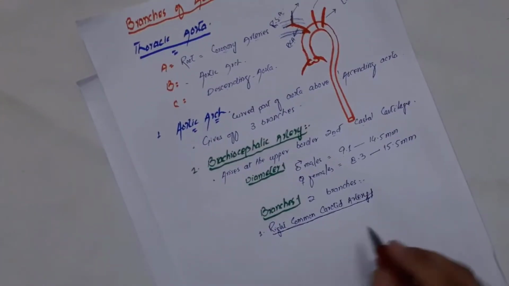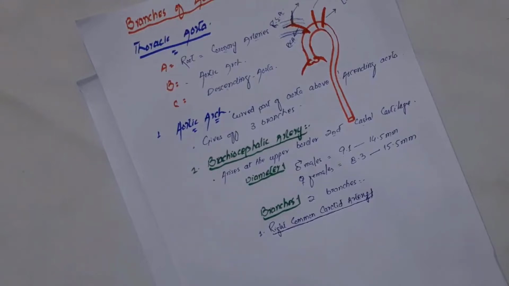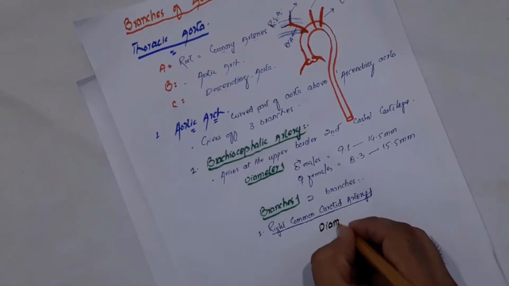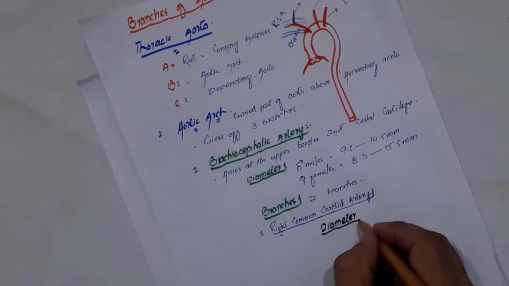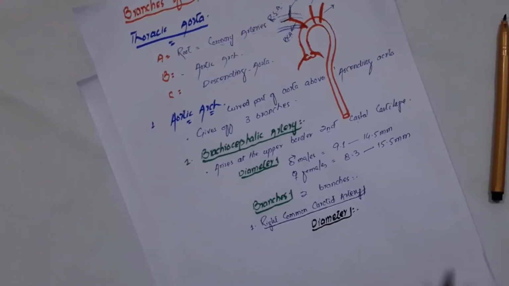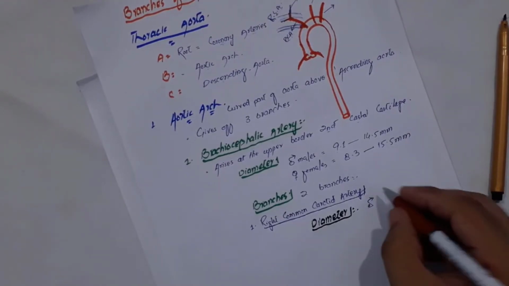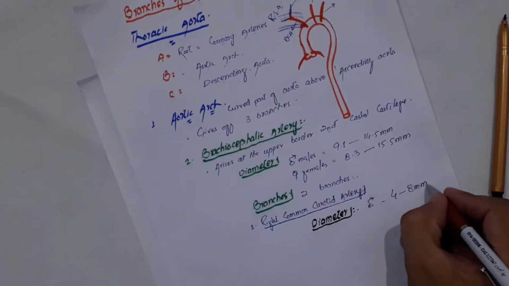Okay, we know that. What is the diameter of this artery and the length of these arteries? Let me use another color. So the diameter of these arteries, I'm talking about the right common carotid artery. Its diameter for male is from 4 to 8 millimeter, right?